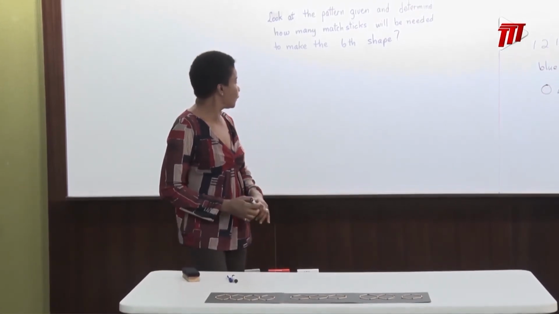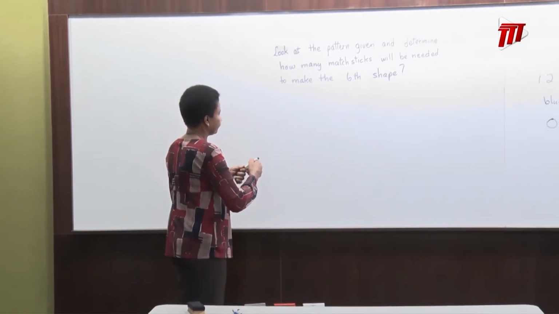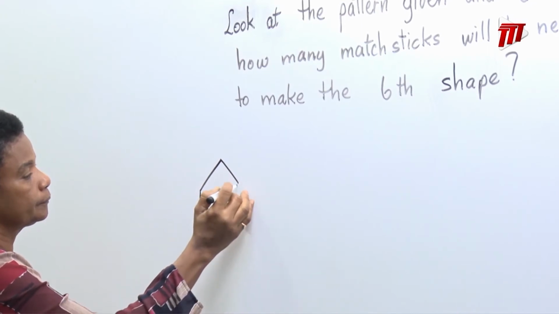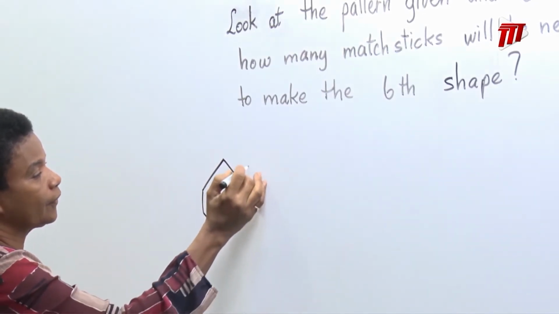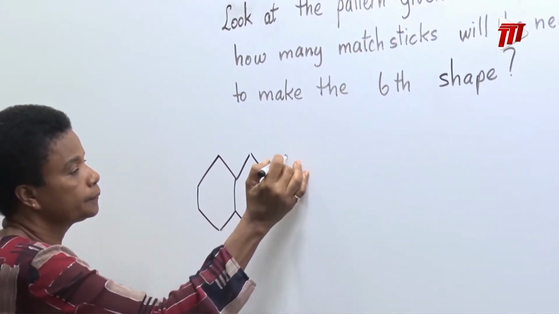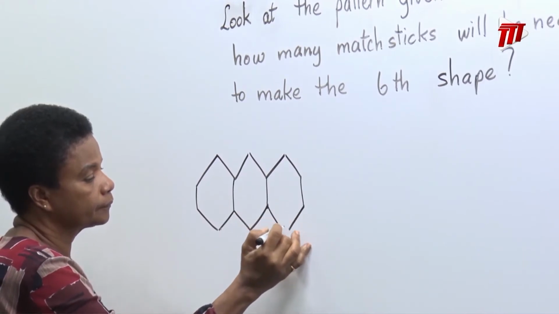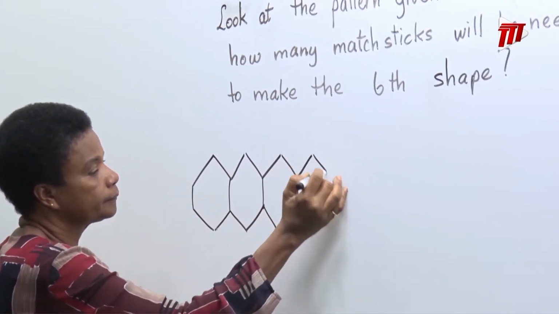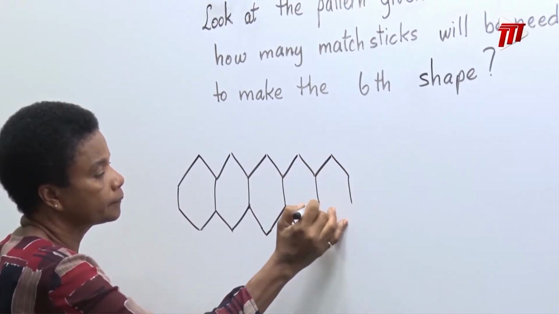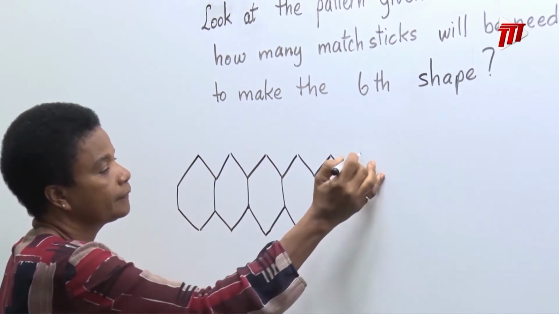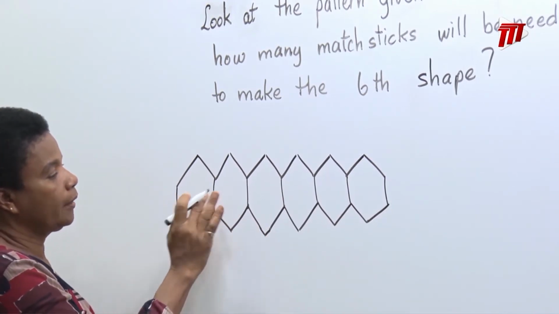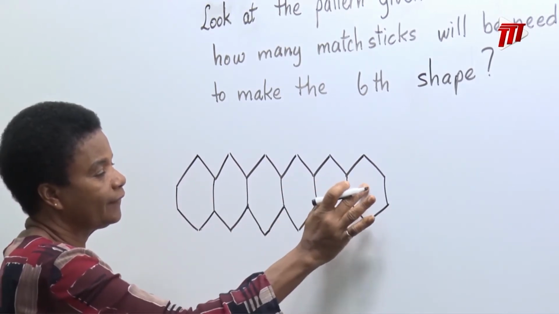Let's put that on the board. The sixth shape. So we are drawing 1 hexagon, 2, 3, 4, 5, 6. 1, 2, 3, 4, 5, 6.